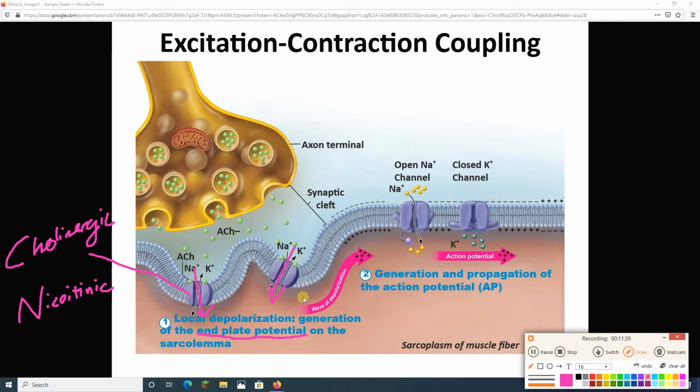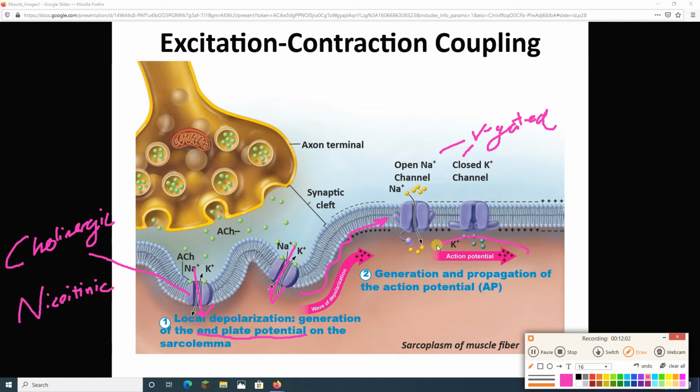The graded potential moves along the sarcolemma away from the motor end plate, and on the sarcolemma I am going to find voltage-gated channels. These two channels here are both voltage-gated. And when they're depolarized, we're going to get an action potential.